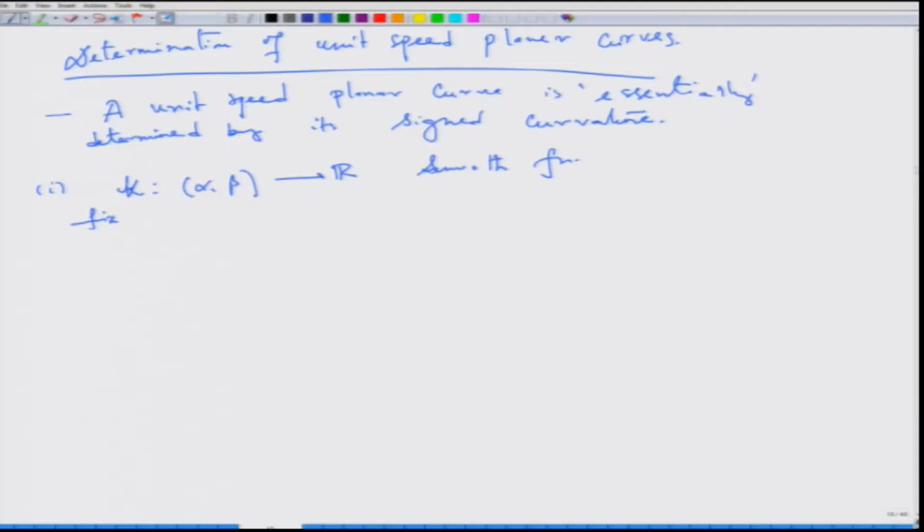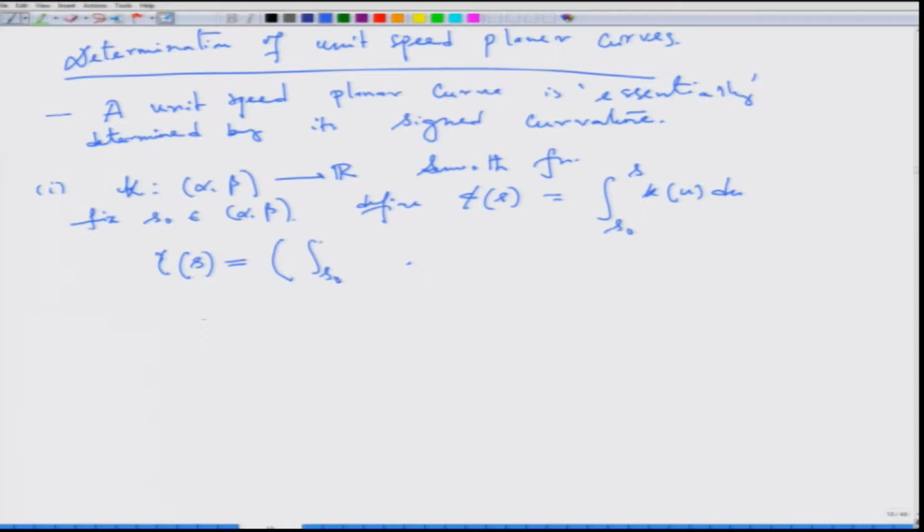Fix any S naught in alpha beta and define phi s equal to the integral from S naught to S of k u du, and consider gamma s equal to the integral from S naught to S of cos phi u du, and the integral from S naught to S of sin phi u du.